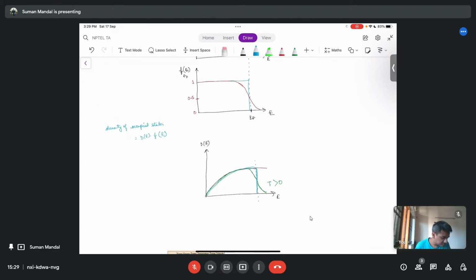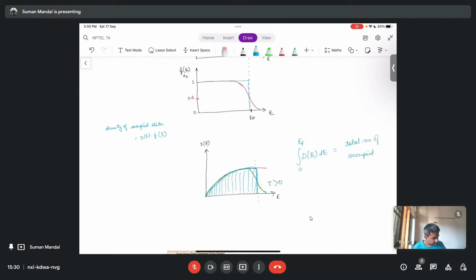So now this is density of states. Now if you integrate it, what will that be? That will be dE integration from 0 to EF, right? This will be the total number of occupied states.